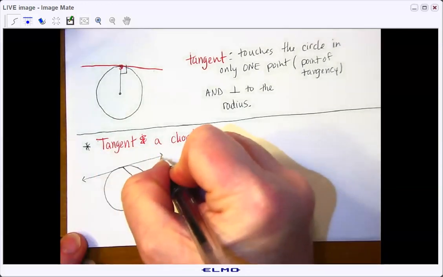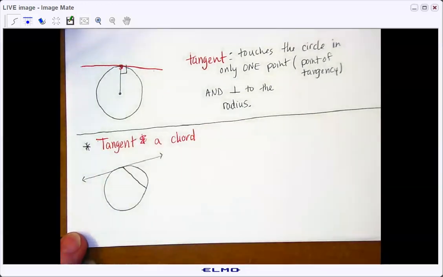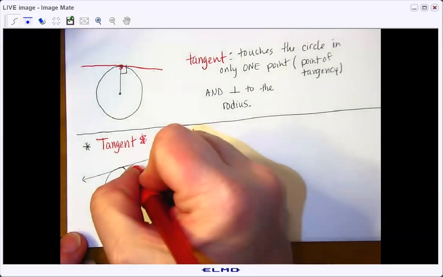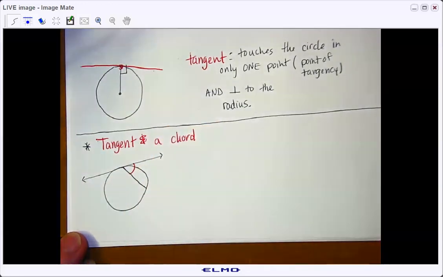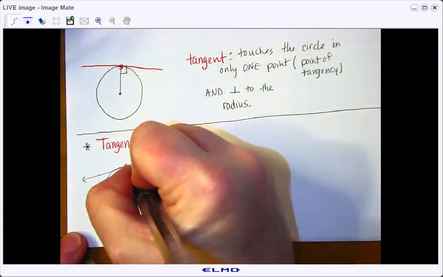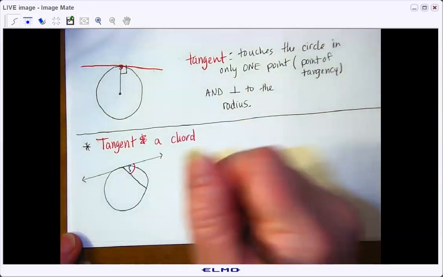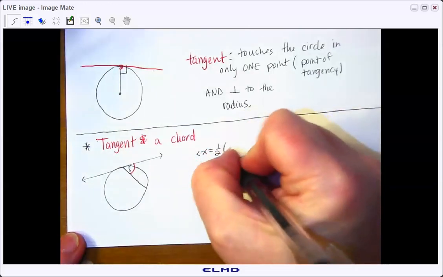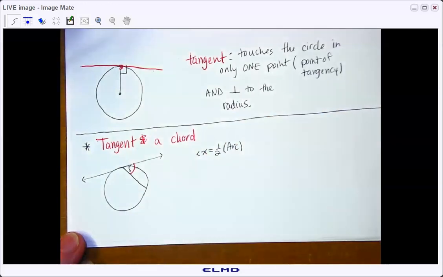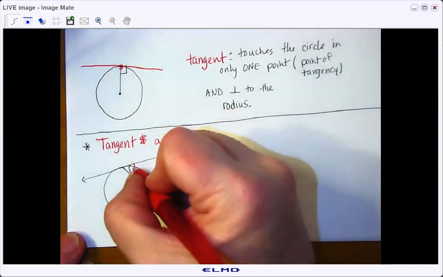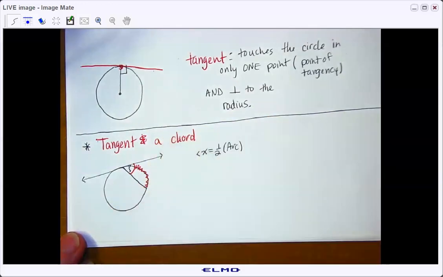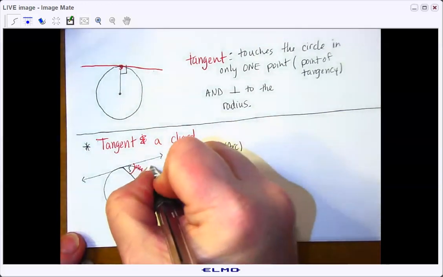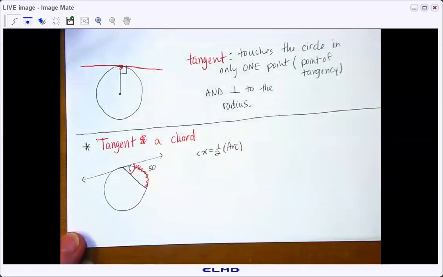A tangent is actually a line that goes on forever. And if I were to ask you to find this angle right here, you would need certain information. That angle X is equal to 1/2 of its arc. Now that's the arc that it intercepts or matches, and that would be this arc. So if I told you that this arc is 50, what would the angle be?